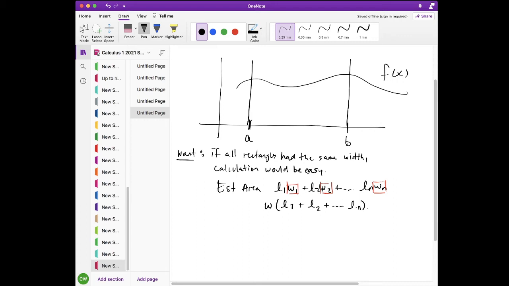Okay, so let me ask you this. Let the widths of the rectangles lie on the x-axis.